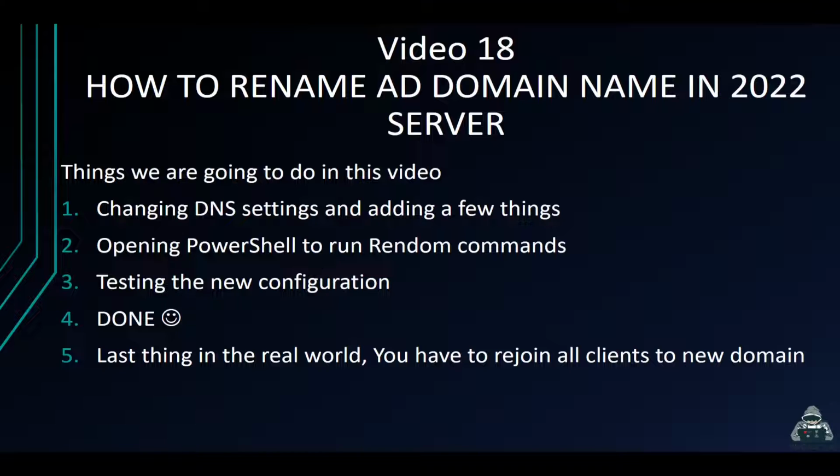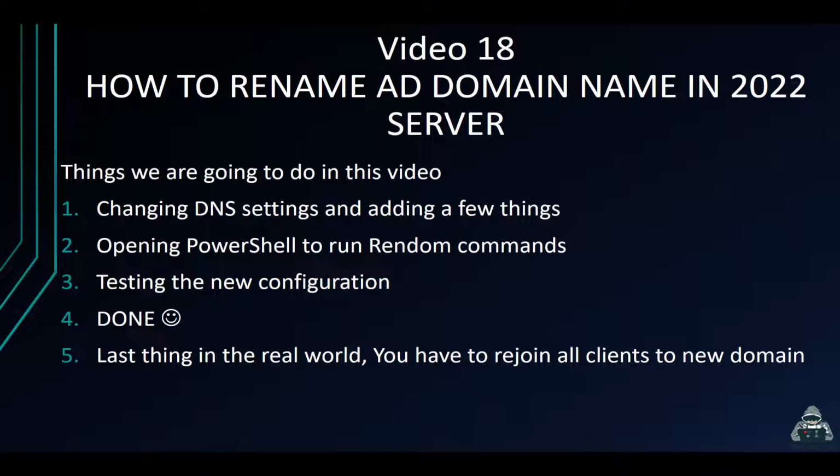We're going to be changing some DNS settings and adding a few things. It's a lot to write, so I'm just going to demonstrate it. We're going to be opening up PowerShell and running a few of the commands, pretty much the rename domain commands. We're going to see that shortly.